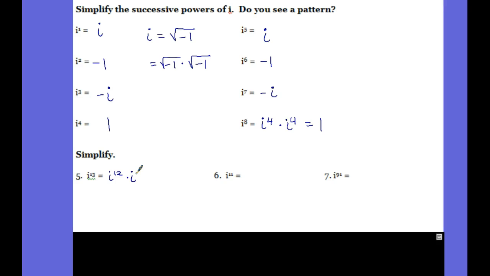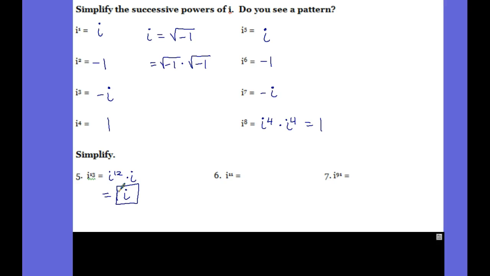So that means i to the 12 is really 1. So i to the 13 is simply i. Wait, so why did you put a 1 in front of it though? 1 times i is still i. Because I was proving that i to the 12 kind of became the 1. Like that's what happened to it.